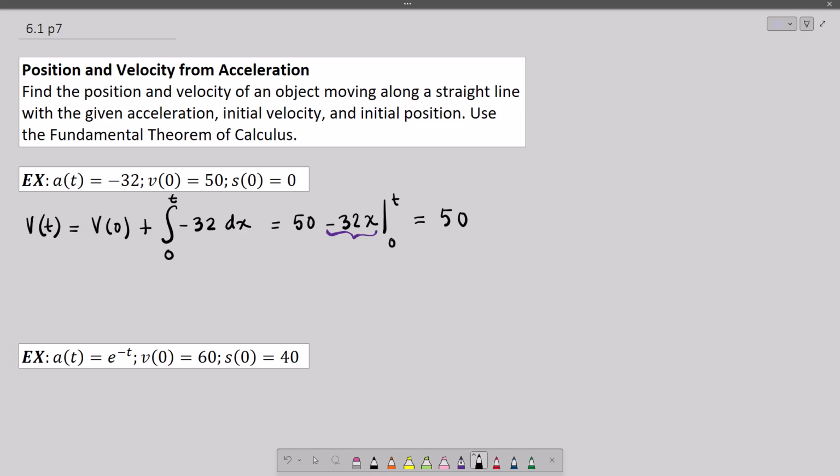And then we're integrating this. So plug in the t, and we get negative 32t. And then we subtract off the antiderivative at 0. So we're subtracting a negative. It's not going to matter, but it's going to be negative, negative 0. So we're going to end up with this as our velocity function. There it is, velocity function.